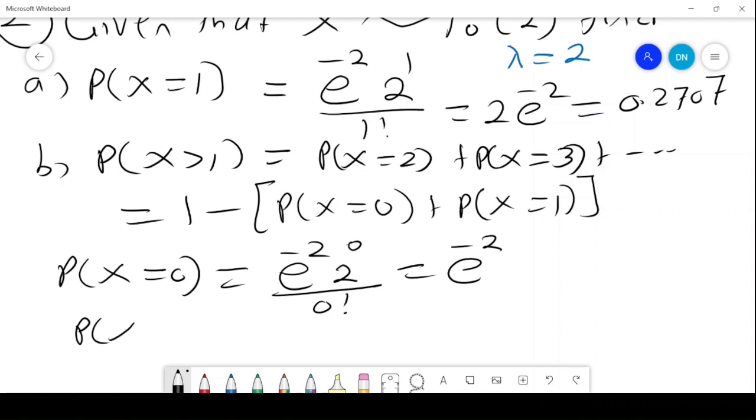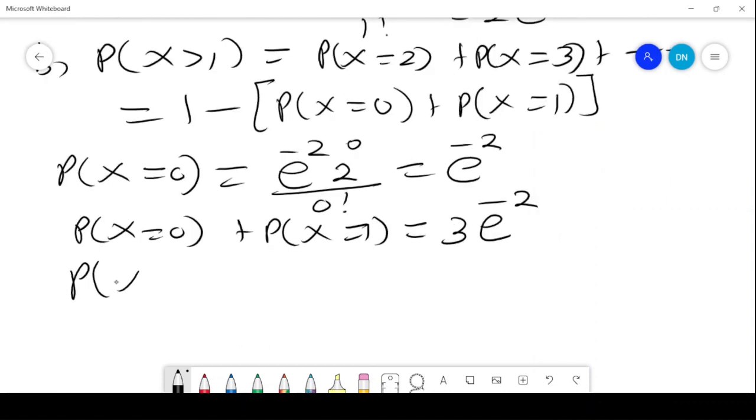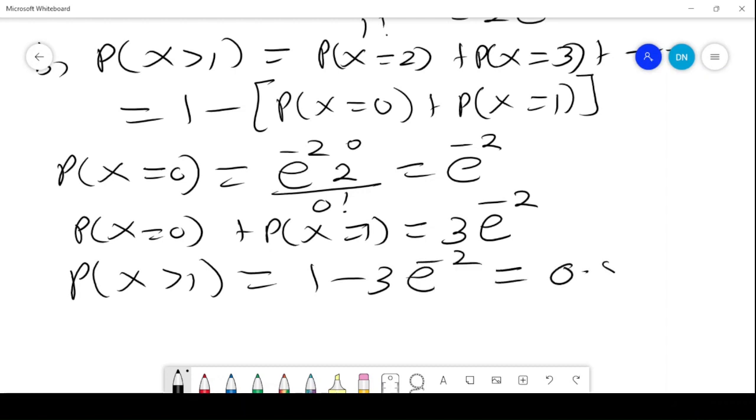So the probability that x equals 0 plus the probability that x equals 1 gives me 3e raised to the power minus 2. Therefore, the probability that x is greater than 1 is 1 minus 3e raised to the power minus 2, and if you do some computation, you get 0.594. And that's the solution to that question if we have been given the parameter lambda for a Poisson distribution.